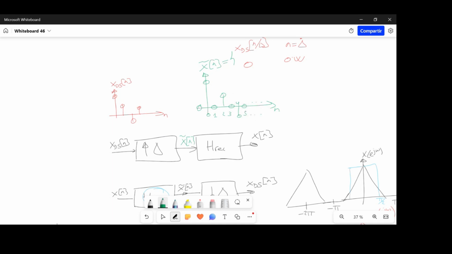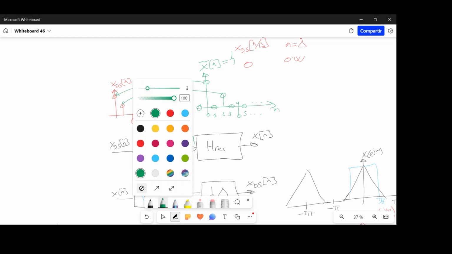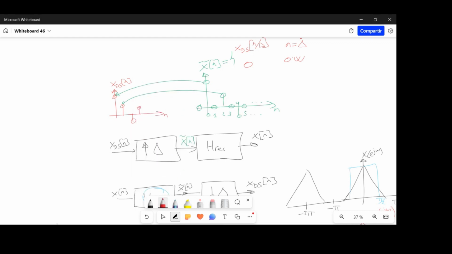Sample 0 is a multiple of 2, so I have to do 0 divided by 2, that is 0. So I'm taking this one. Then x tilde of 1 is not a multiple of 2, so it is 0. x tilde of 2 is a multiple of 2, so it will be 2 divided by 2, that is 1. I take from this one. And here the axis is 0, 1, 2.